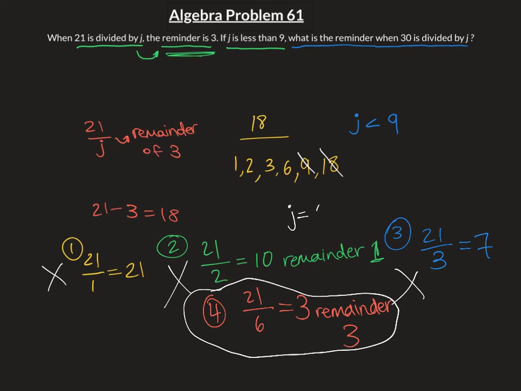And that would mean that j is equal to 6. But wait a second. That's not our final answer. We're not answering what the question is asking just yet. What is the remainder when 30 is divided by j? We've already found that j is equal to 6.